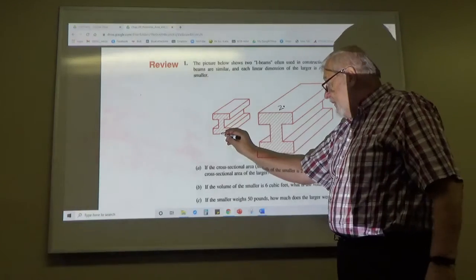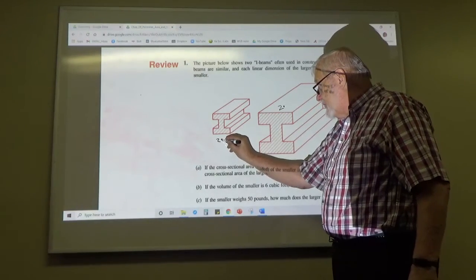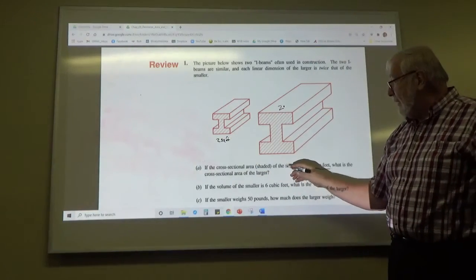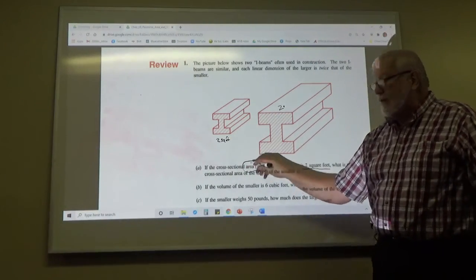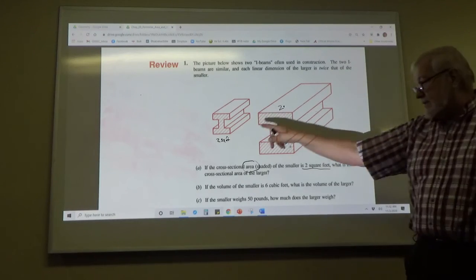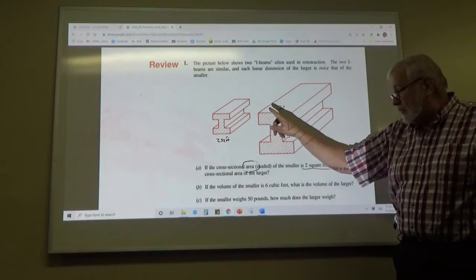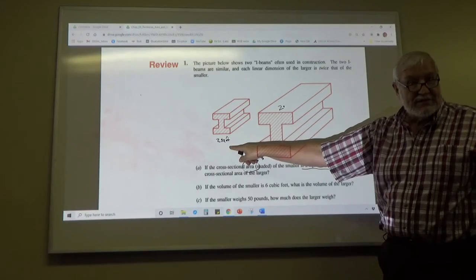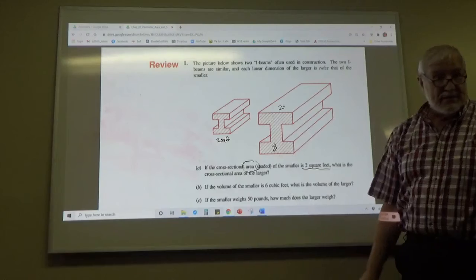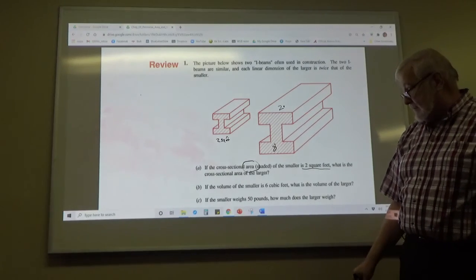Okay, so if this is 2 square feet, and what they're talking about is area. How many dimensions do you multiply together when you have area? 2. Length times width, right? So I want 2 times 2. This will be 4 times bigger than this. So that means this shaded area is 8 square units.